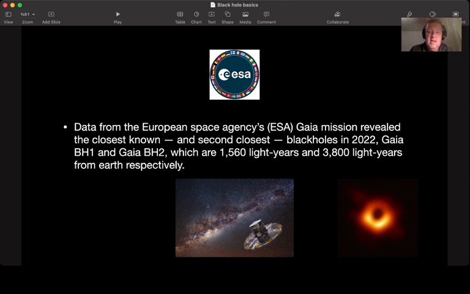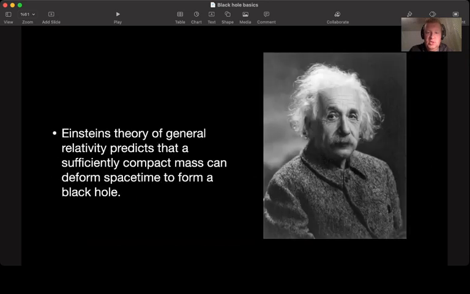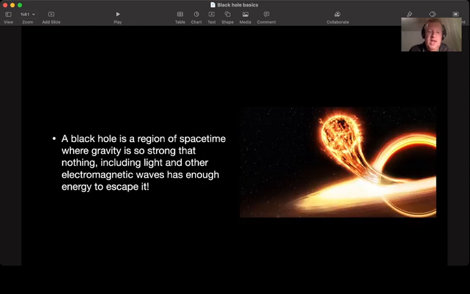So yeah, these are the basics of black holes that we're going to talk about today. Let's go over them again, because the video is quite short. A black hole is a region of space-time where gravity is so strong that nothing, including light and other electromagnetic waves, has enough energy to escape it.